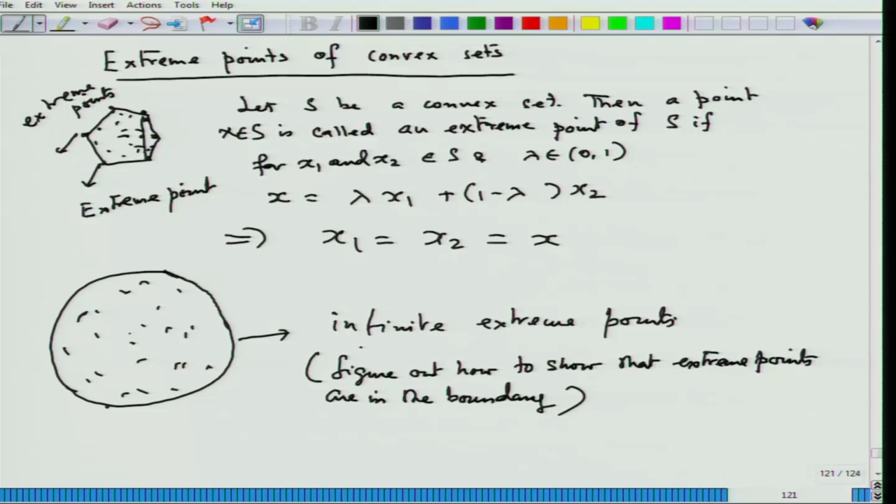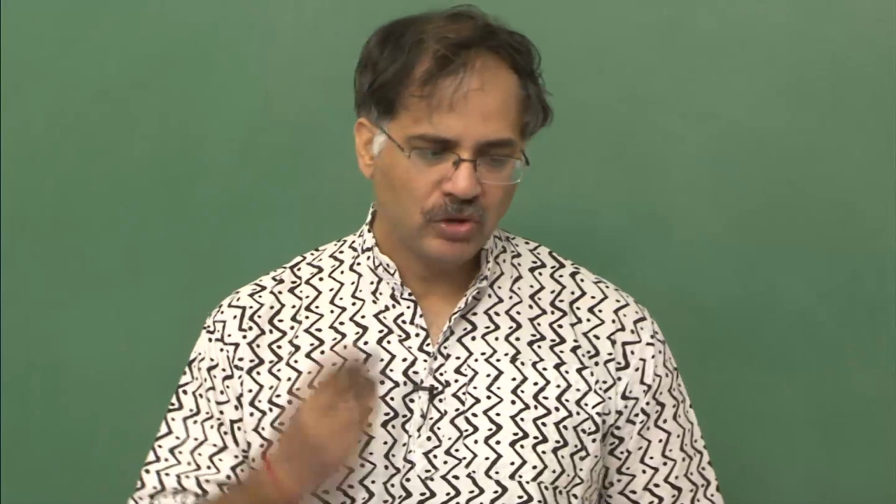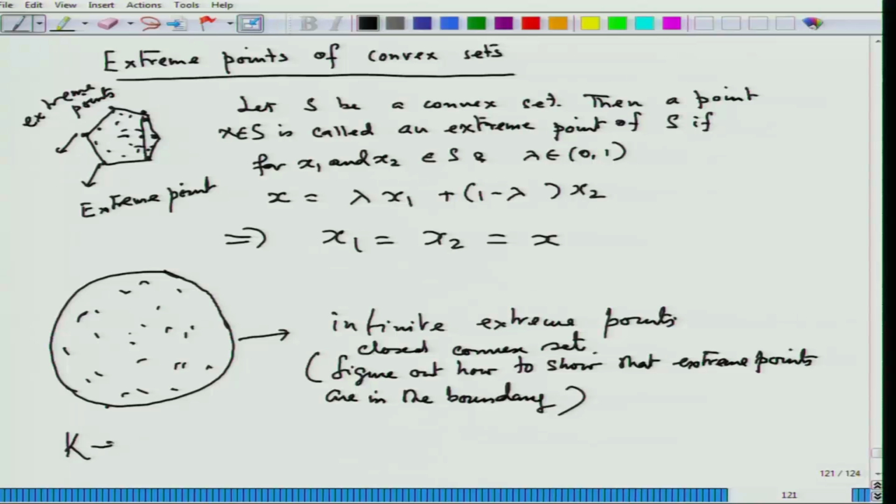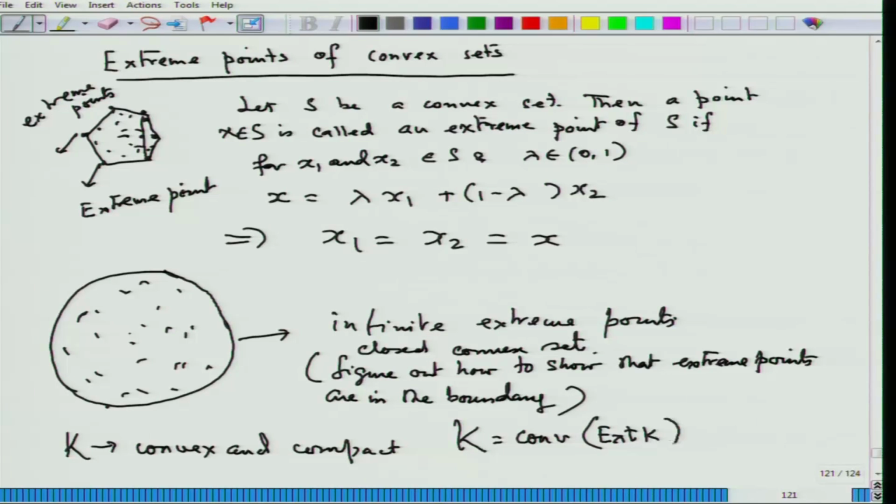So, take a closed convex set. There is a famous theorem called the Krein-Milman theorem which says every compact convex set is the convex hull of its extreme points. So, if K is convex and compact, then K is the convex hull of its extreme points, which I mark as the extreme points of K. This is the famous Krein-Milman theorem.